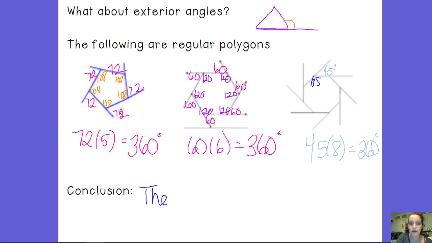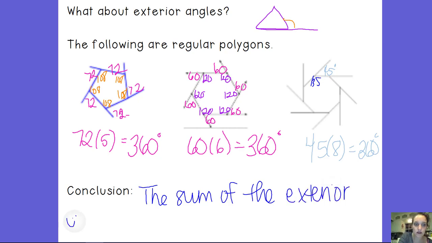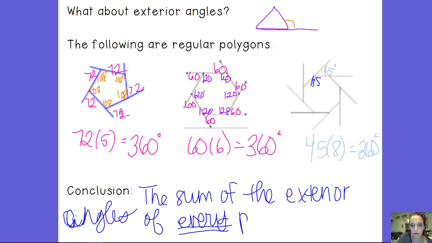So the sum of the exterior angles of every polygon is going to be 360 degrees.